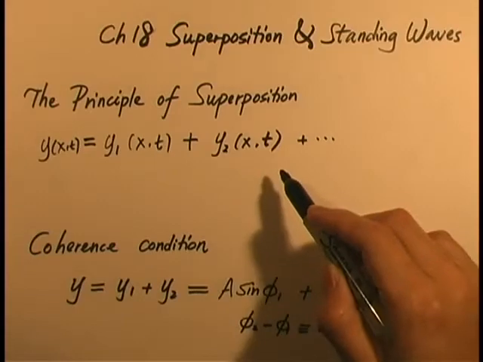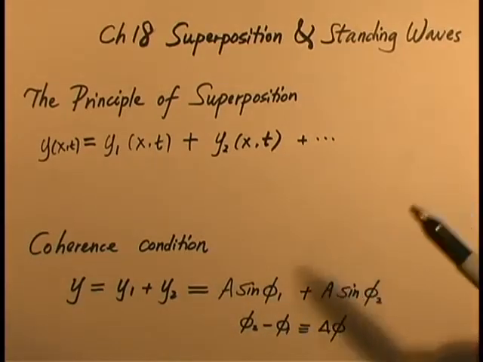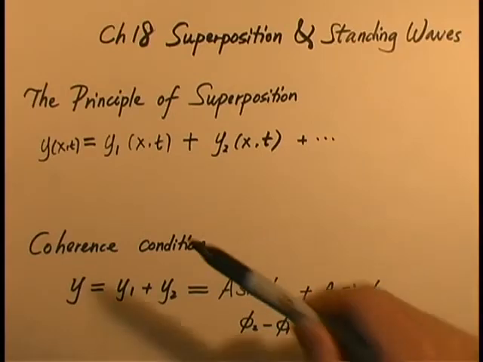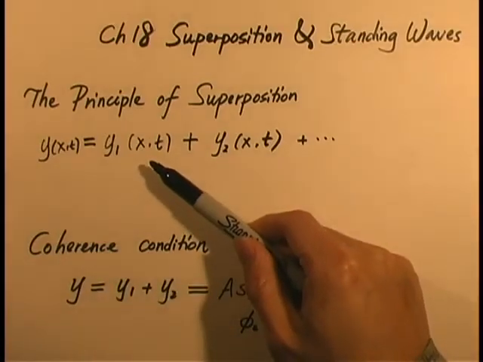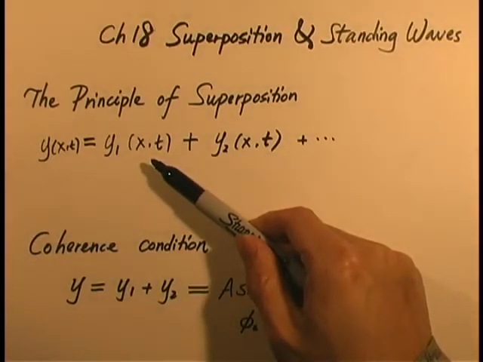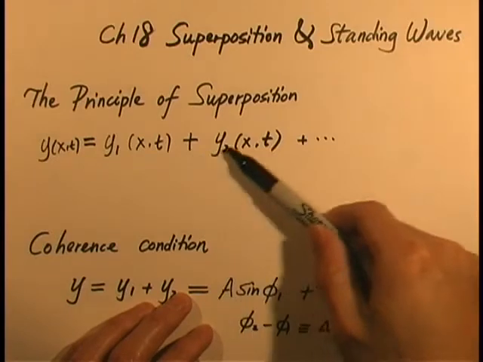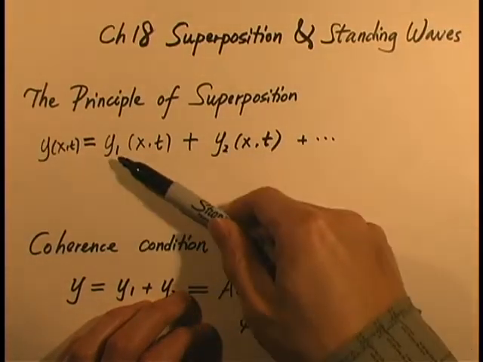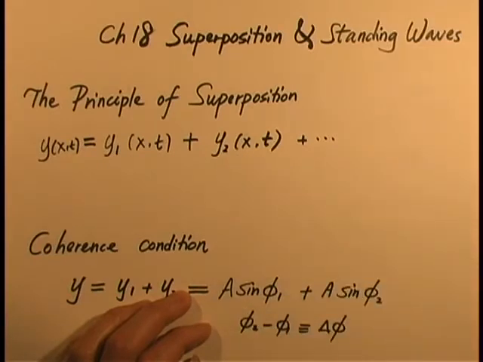When both sources are present, in principle, it is possible that both y1 and y2 themselves will change because of the existence of the other source. But nature, in many cases, simply chooses the simplest possibility, and that is just to add them up like this. If a wave satisfies this kind of linear superposition principle, we call it a linear wave. Not all waves are linear.